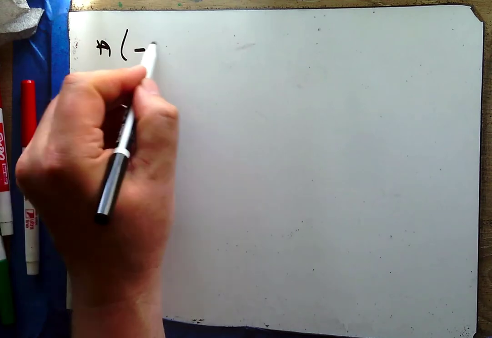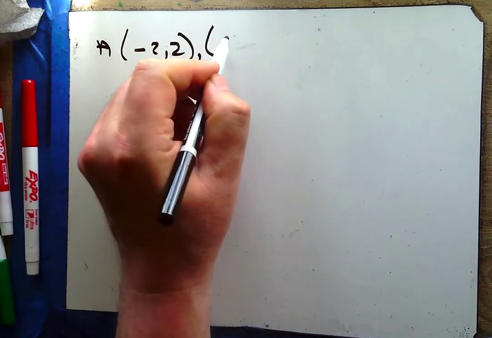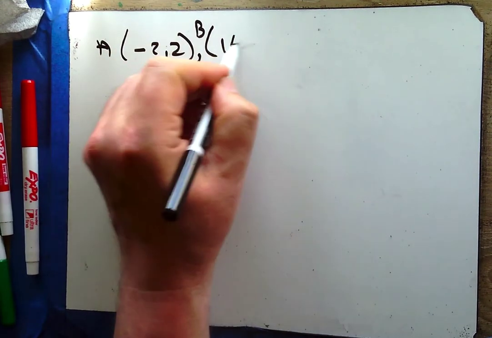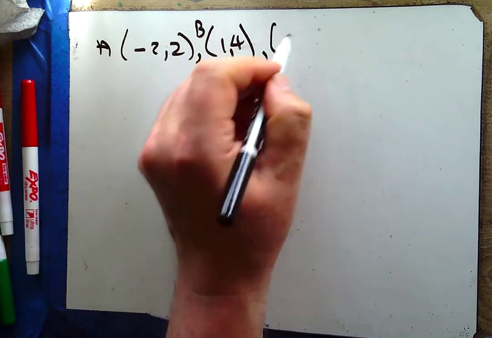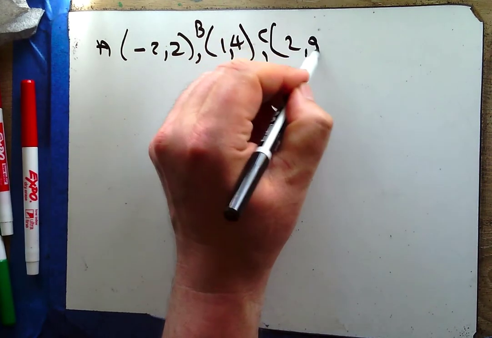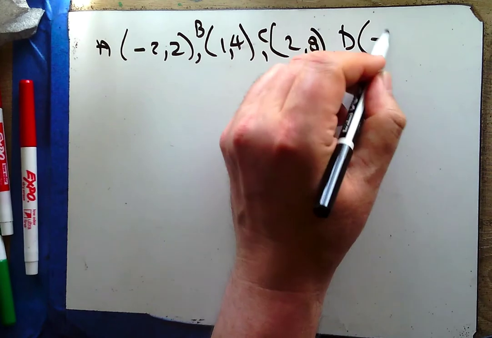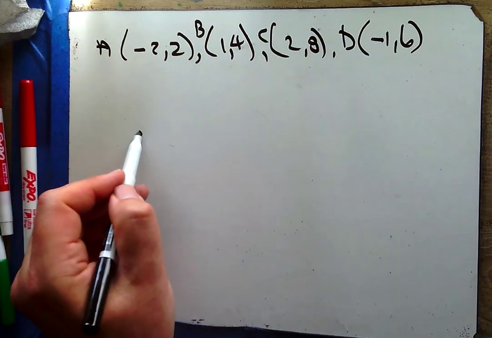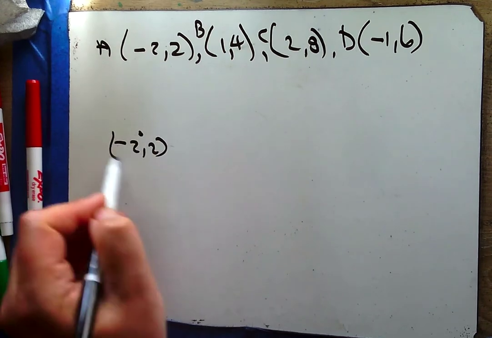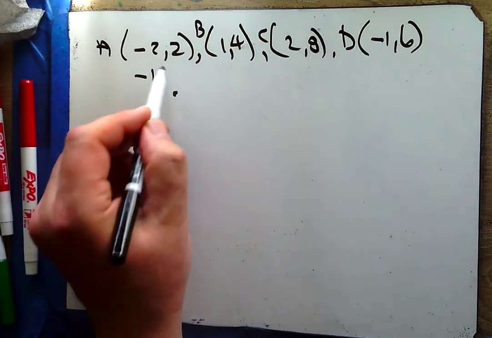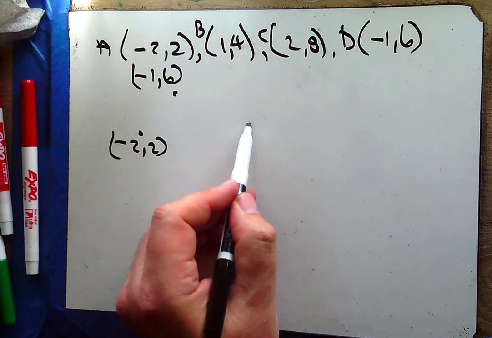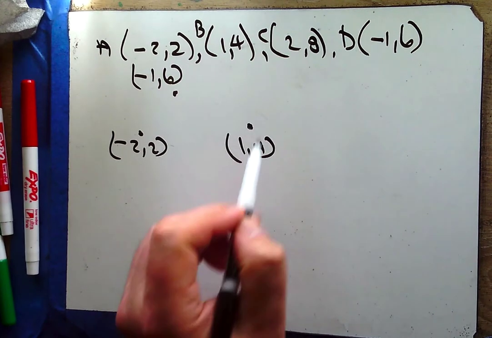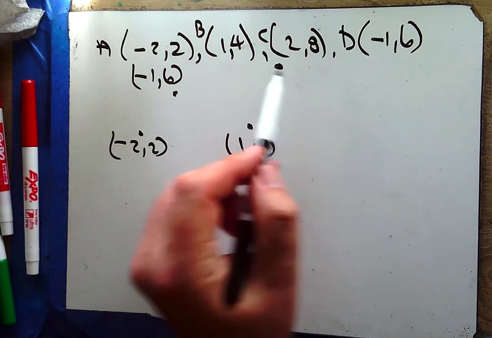A equals -2, 2. B equals 1, 4. C equals 2, 8. And D equals -1, 6. Okay, so -2, 2. -1, 6. 1, 4. And 2, 8.